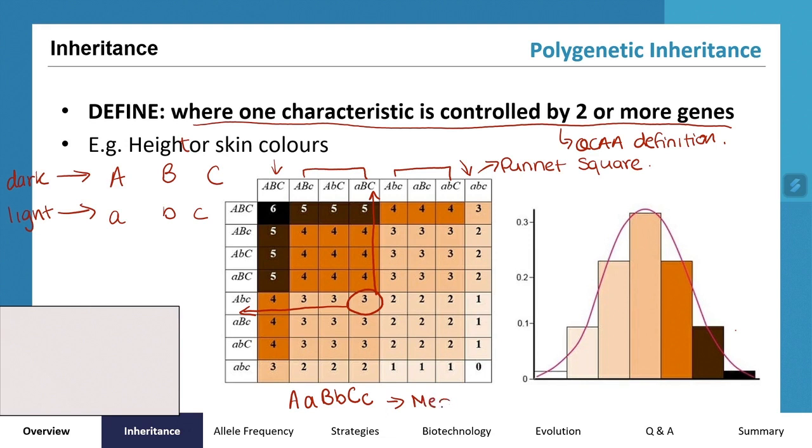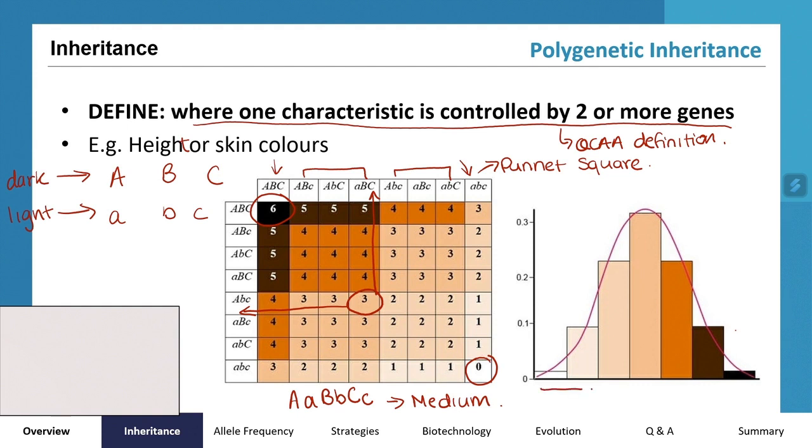This would be a medium skin tone, which you can see from the table. Now, because of this, naturally, human genotypes can code for 7 different kinds of skin tones. The darkest being completely homozygous dominant, and the lightest being homozygous recessive.